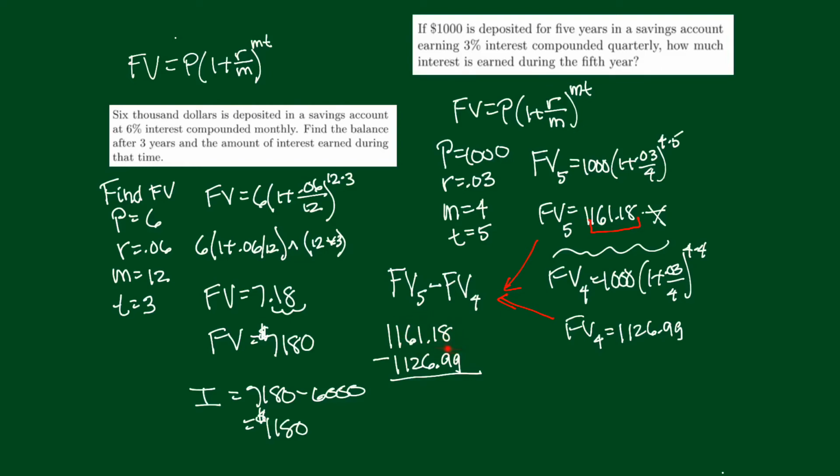After 4 years, we had accumulated $126.99 in interest. So in that 5th year, from year 4 to 5, how much did we get? Just make the subtraction. I did that on my calculator, and I got $34.19. So in the 5th year, how much interest did we make? $34.19.